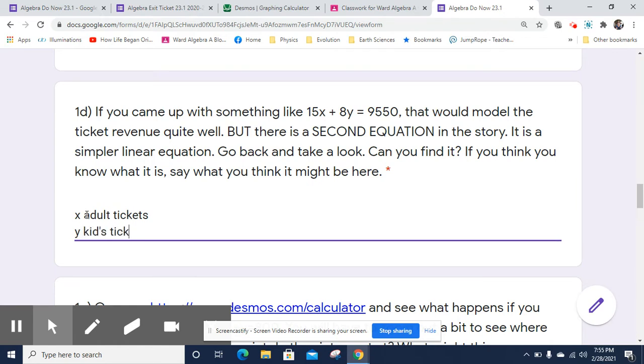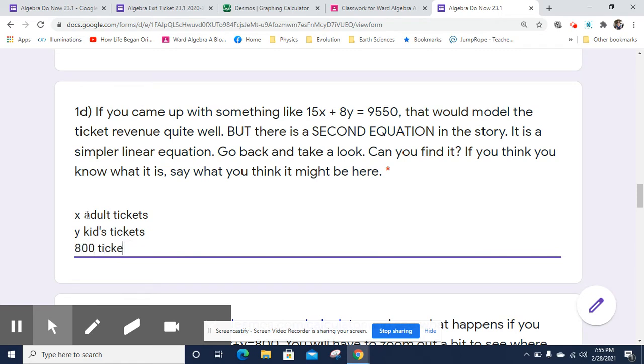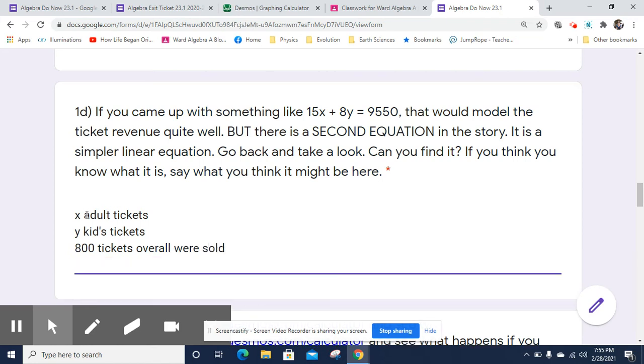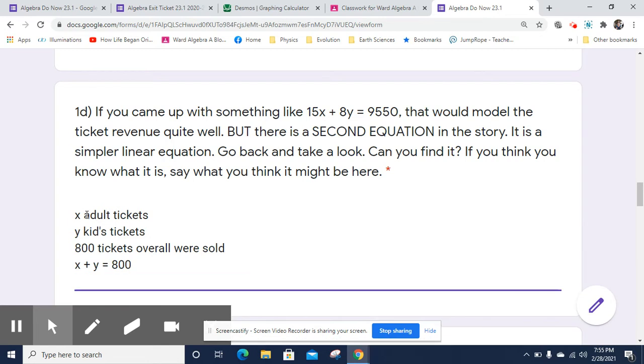The tickets had to be adult tickets or kids tickets, so X plus Y equals 800. And that's the other equation in there. So we have two equations: this one, and the one we already found, 15x plus 8y equals 9,550.